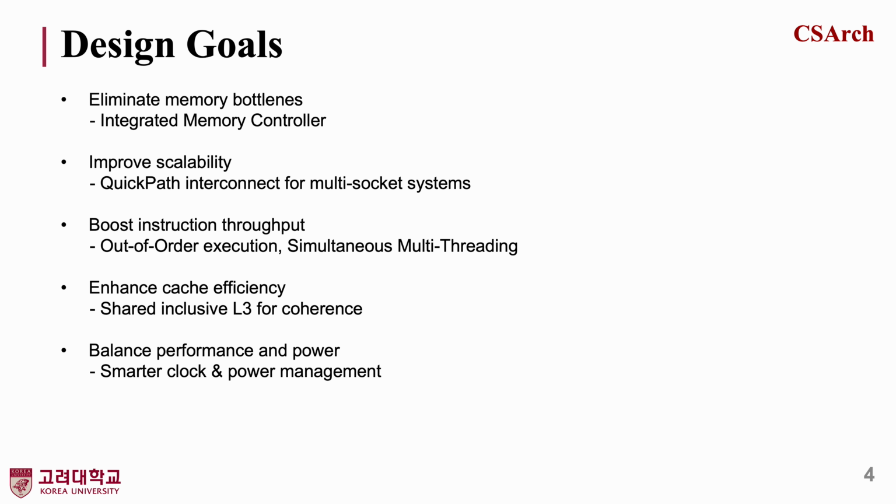Out-of-order execution plus SMT squeezed a lot more parallelism per core. Fourth, cache efficiency. A large inclusive L3 made coherence much simpler and faster. And finally, smarter clock and power management gave performance without blowing up energy. Basically, this reshaped Intel's architecture playbook and set the stage for the next decades.